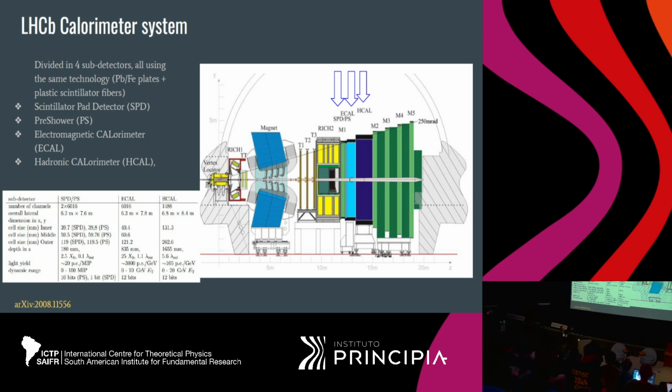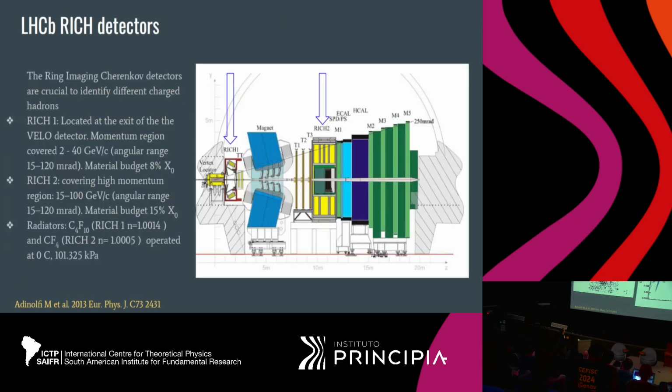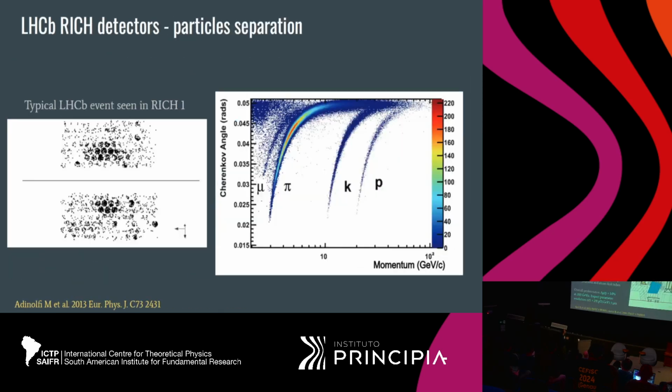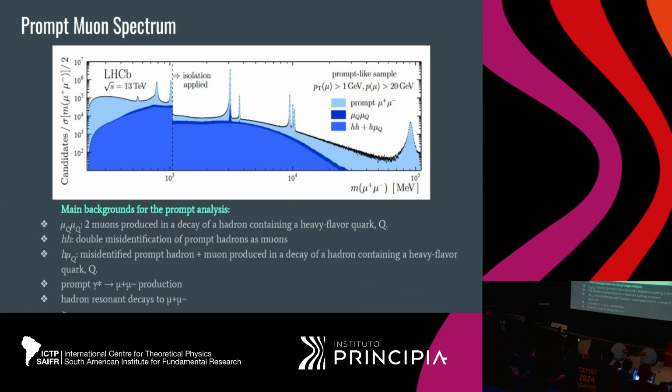So you have all these layers of silicon that is just like a CCD of a camera phone that registers the passage of particles and gives you the information of where the particle had passed, so what was the trajectory. And it is a series of layers of these silicon strips that register the passage of a particle.